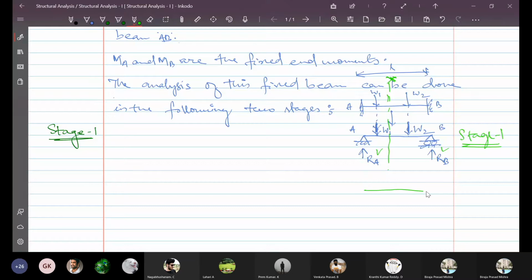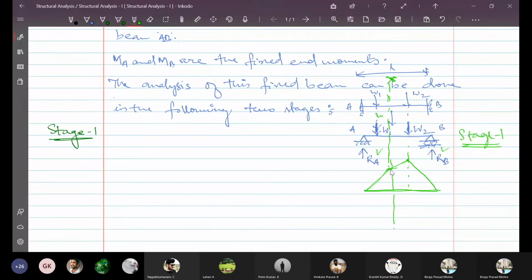Okay, so now if I draw the free bending moment diagram for this one, I'm drawing an arbitrary free bending moment diagram. The bending moment diagram for this one will be somewhat here, and let us say the section X is going like this.